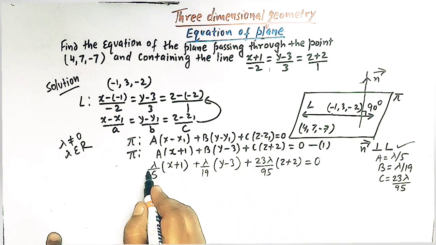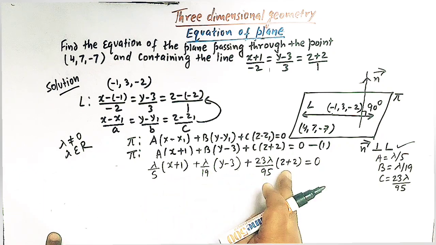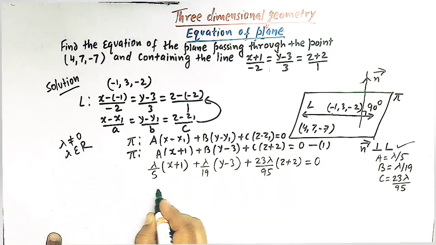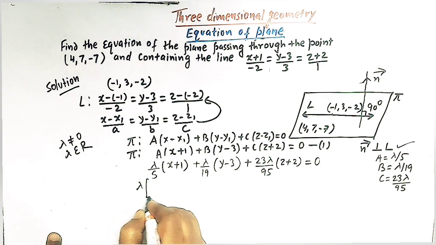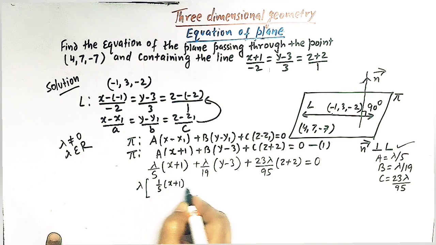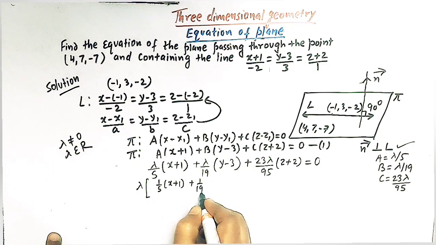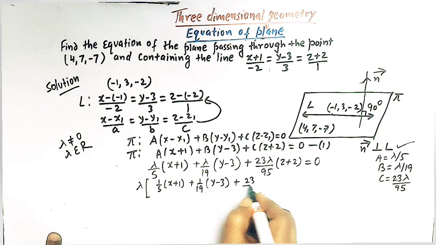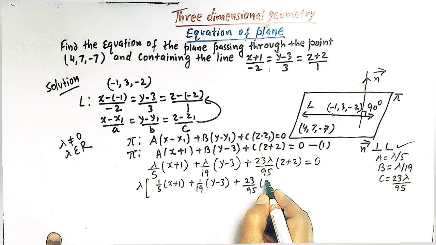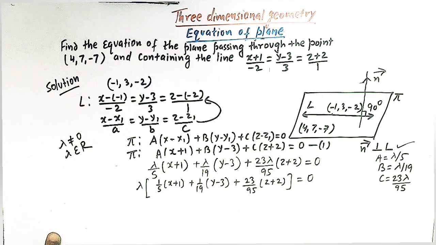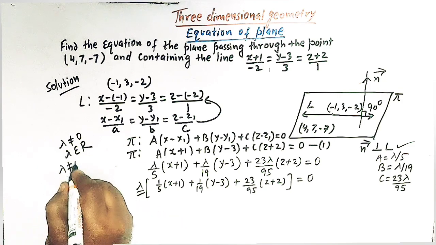So now lambda appears in all these three terms, and lambda is not equal to 0. So we can now write lambda, and then we have 1 over 5 x plus 1, then we have 1 over 19 y minus 3, and then we have 23 over 95 and z plus 2, and here we have 0. So now this scalar lambda is not equal to 0.